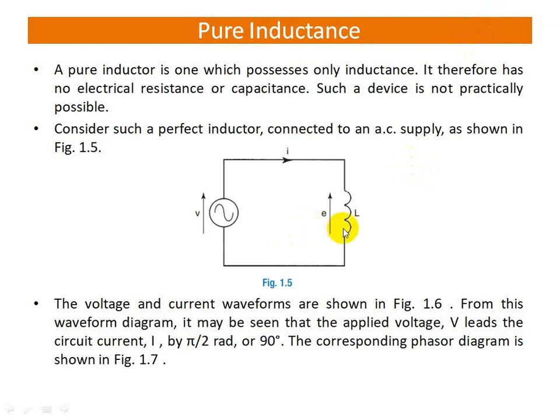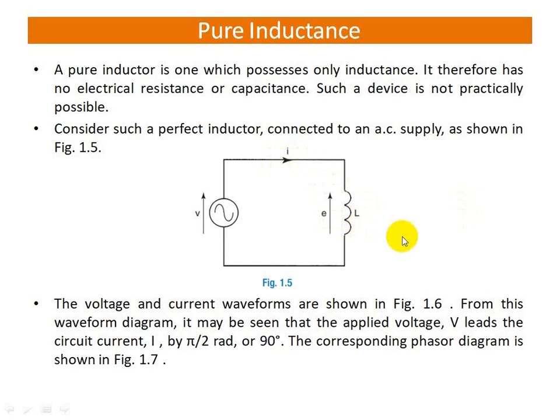Let us consider the inductance is connected across a voltage source v and current is flowing in the circuit. Here e is the EMF induced in the inductance. When current is flowing, it will produce flux, and this flux again will be linking with this coil, and because of this flux linkage, EMF will be induced. This EMF will be opposing the current flowing through the inductance.